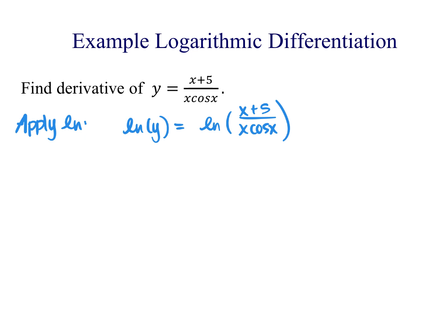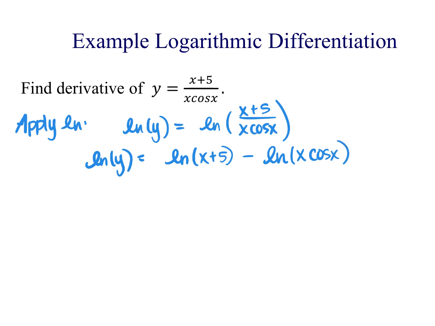Subtraction. Okay. So I can do ln y equals ln of x plus 5 minus natural log of x cosine x. But how are x and cosine x related?